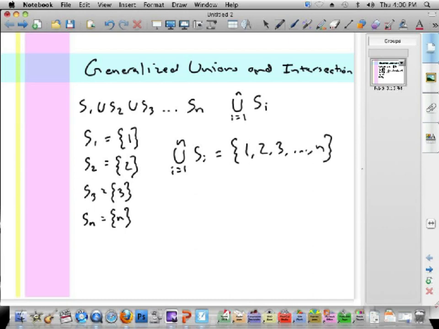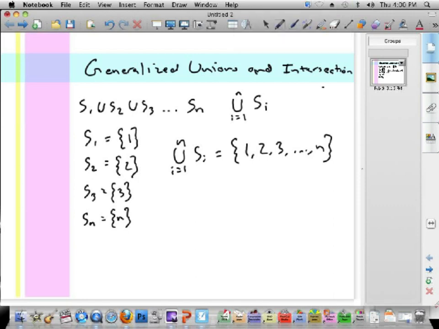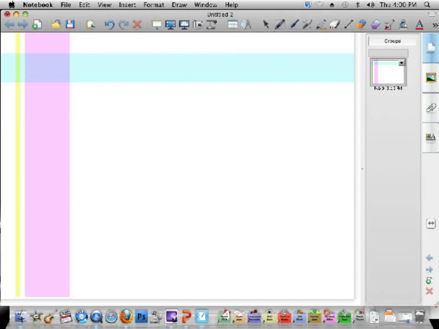So pretty simple. Now let's adjust this example a little bit so that we can talk about intersections. This next part is for generalized intersections. It's the same idea as before.